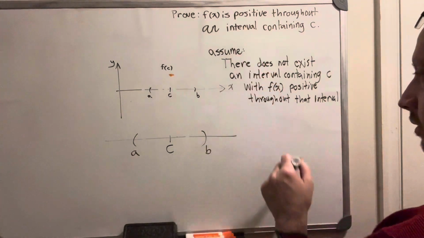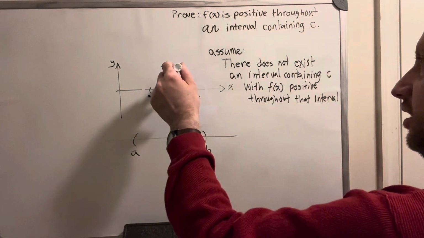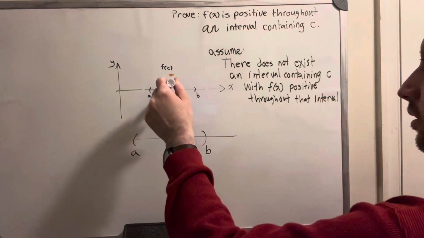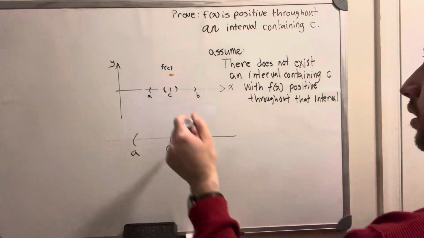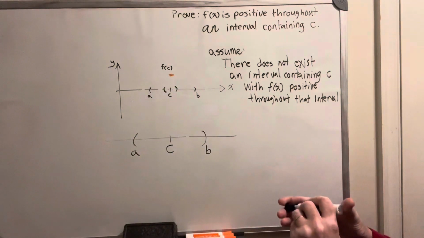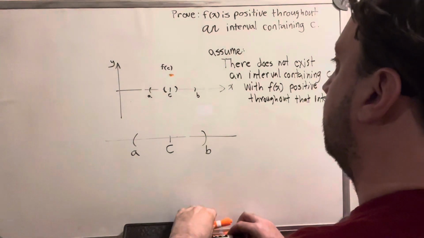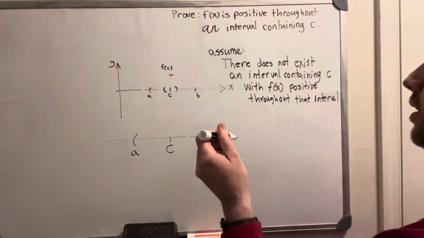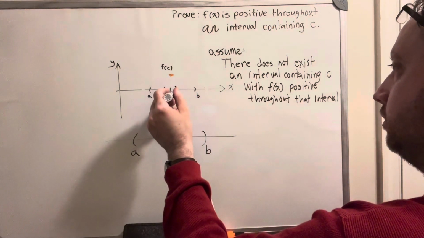Then that would mean that there is some value of the function in this interval around c with a negative value.